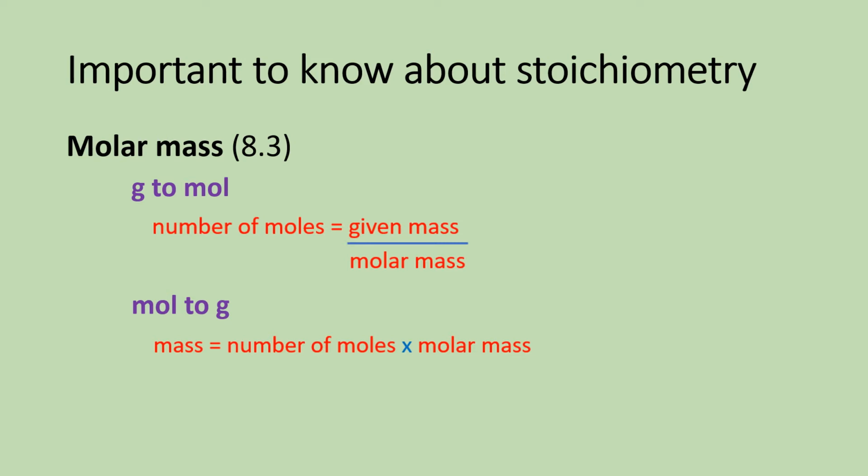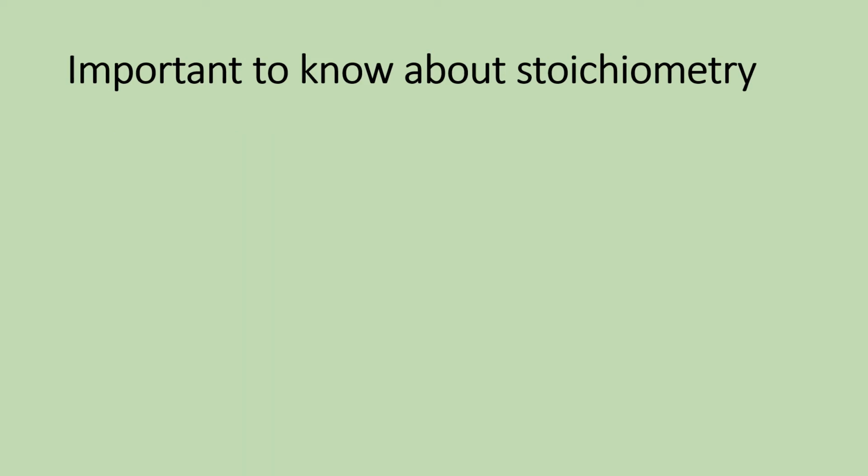And then the second very important thing that you need to know about stoichiometry is the mole ratio, which we briefly talked about just a few minutes ago. So let's say this is the same equation that we looked at before, and we are trying to determine the mole ratio between different reactants and products in this equation.